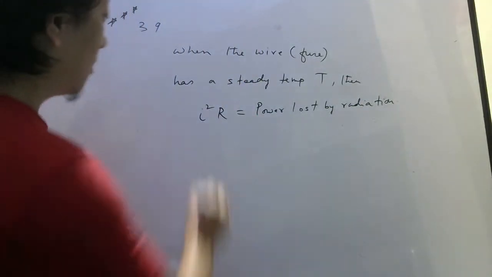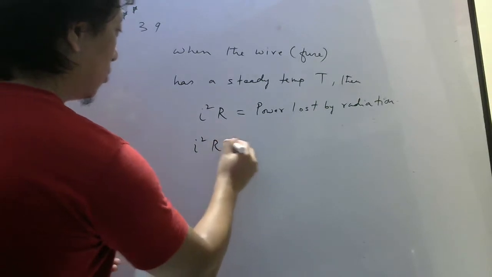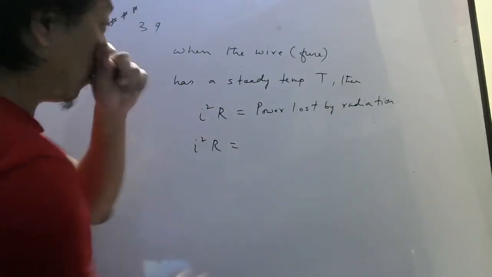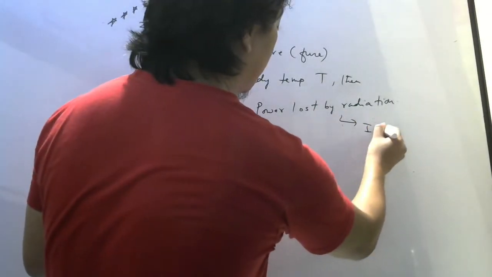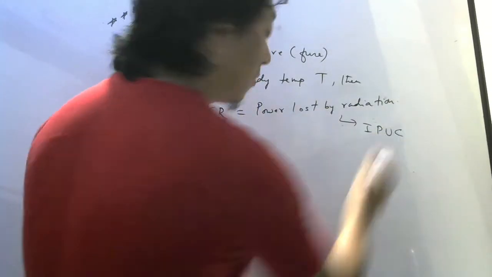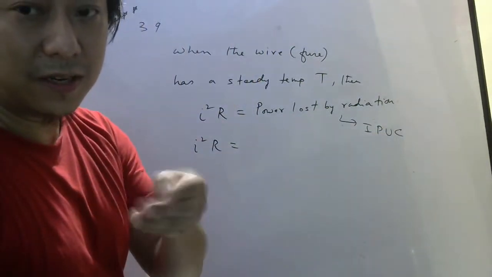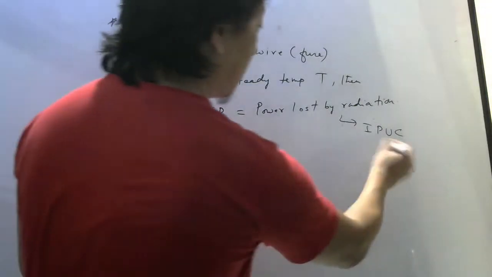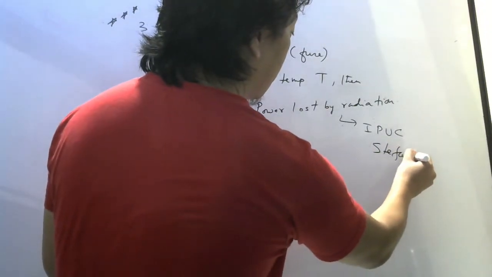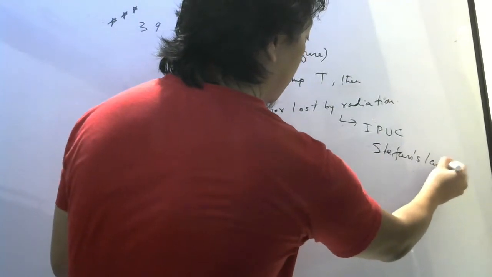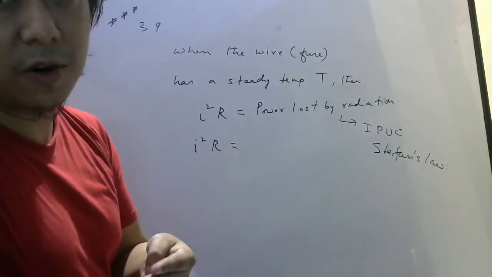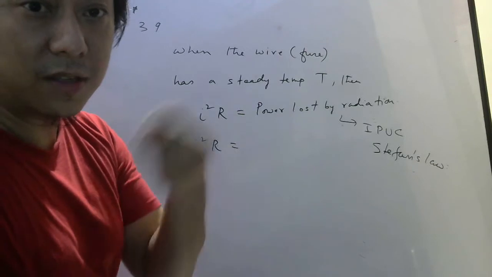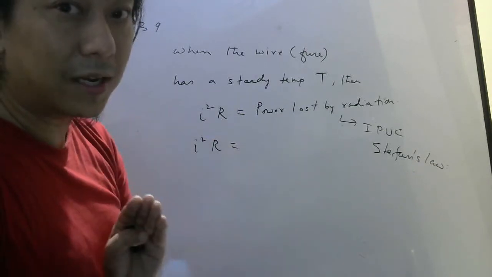So I square R equals power lost by radiation. Now for that you have to go to the first PU concept. You can use Newton's law of cooling, but then you will not get the exact formula. So it is better to use Stefan's law. According to Stefan's law, what is the power lost by a body when its temperature is more than the surrounding temperature? Try to recollect the formula.